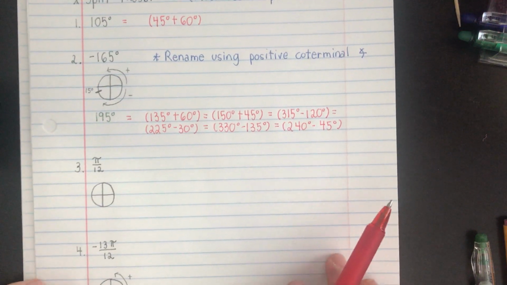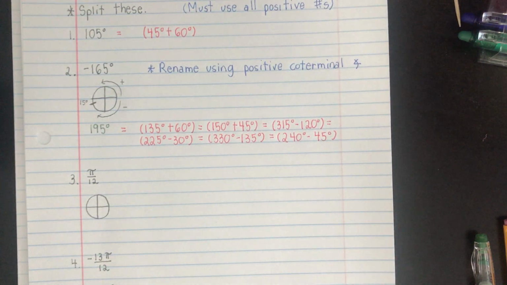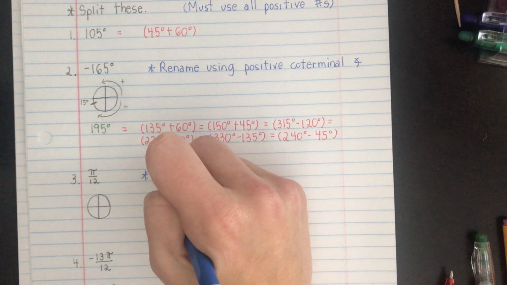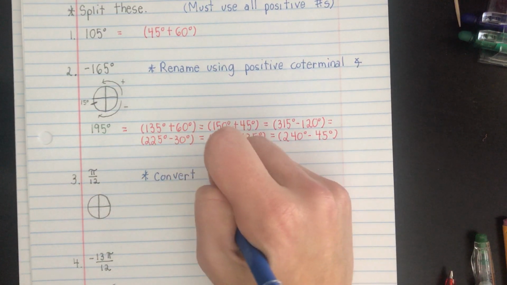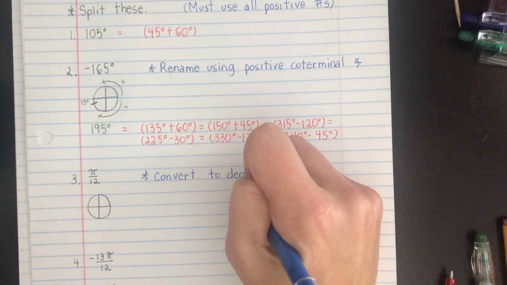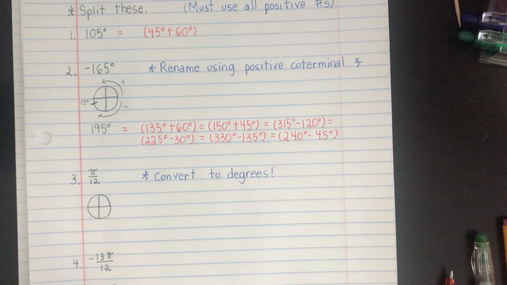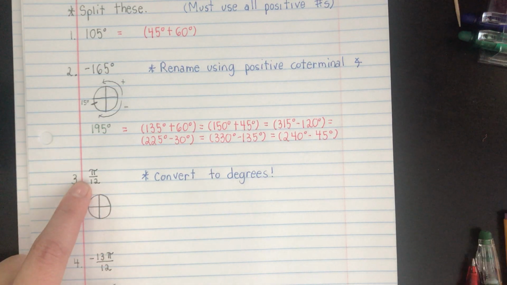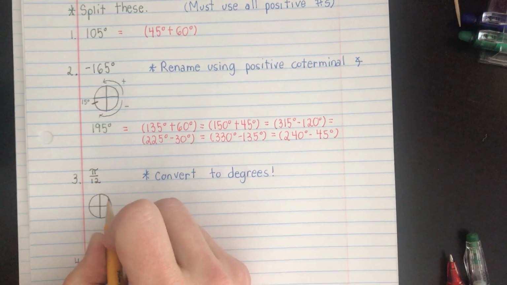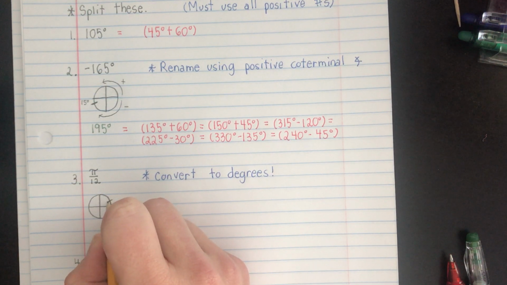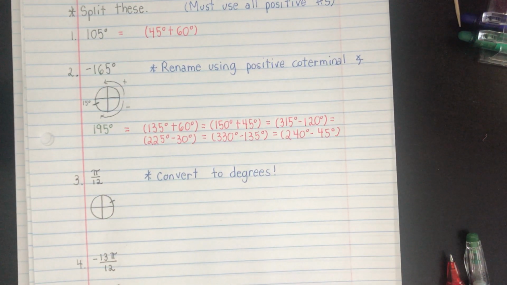Okay, let's move on and use a given radian. The first thing you want to do, like I said at the beginning, is convert to degrees. That's the very first thing you want to do. So think about where pi over 12 would be. Well, you know pi over 6 is equivalent to 30 degrees, and that's right here.